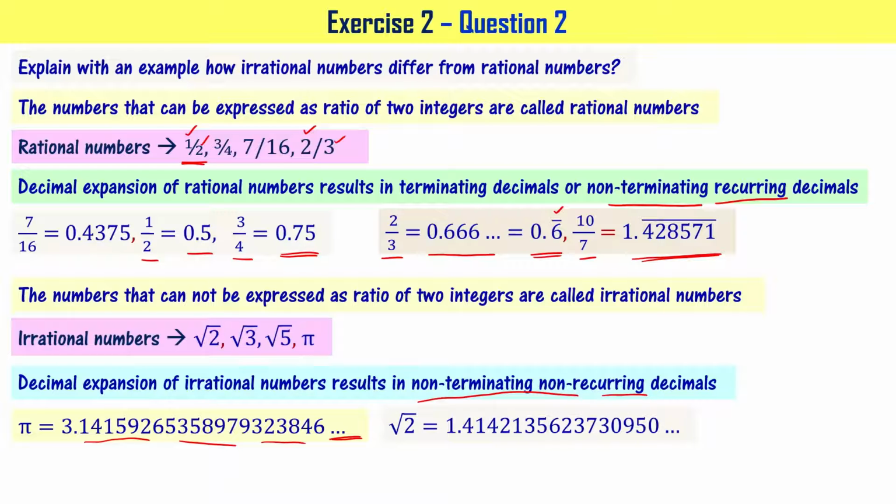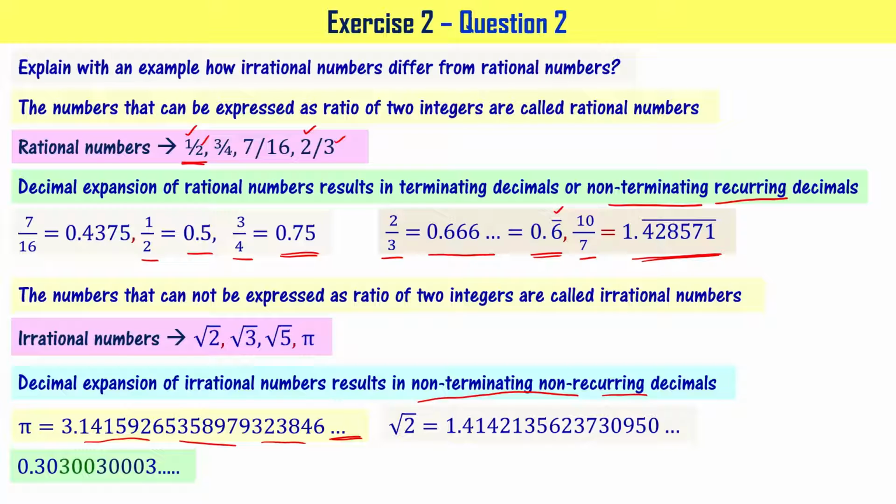Root 2 can be written as 1.414213562 and so on, right? This is also a non-terminating, non-recurring decimal. Look at this number. We have seen already this one. 0.30, 300, 3000, 3 and so on is also a non-terminating, non-recurring decimal, right?